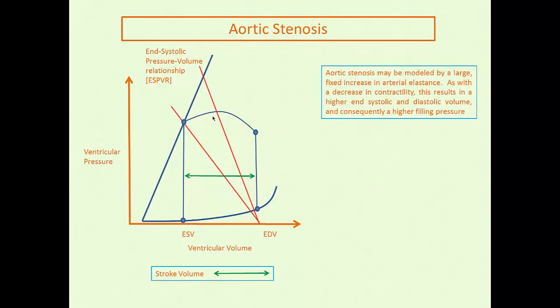And you could actually, in theory, have normal impedance in the arterial bed, but if you have a fixed stenotic lesion in the aortic valve, you haven't actually really changed the impedance of the vascular bed. But nevertheless, it's kind of illustrative here that if you were to shift this curve up and to the left with a tight fixed aortic stenosis, well, then you're going to fill at a much higher pressure, and you may have a lower stroke volume. And this is fixed, and it cannot be changed.